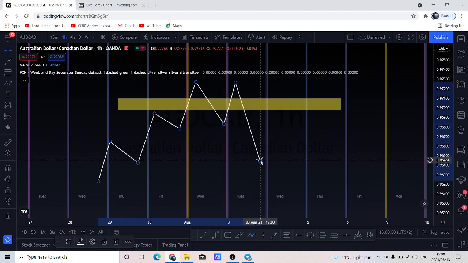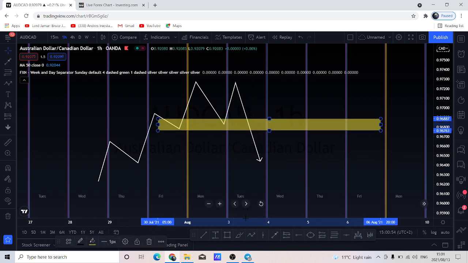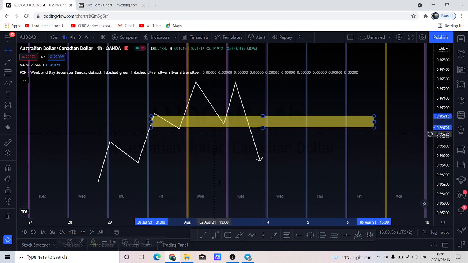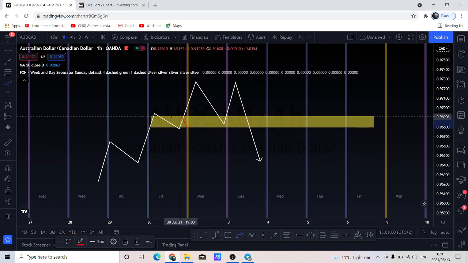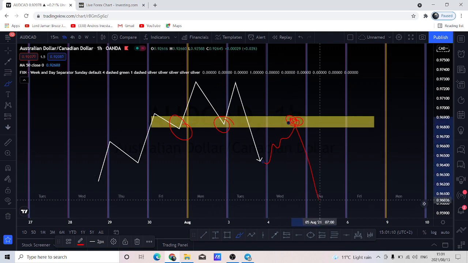It breaks like this. That's when you must come and mark those two touches. You must mark this touch here and this touch here, so that whenever the market comes into this zone and makes the highest point of the day, then you can sell.